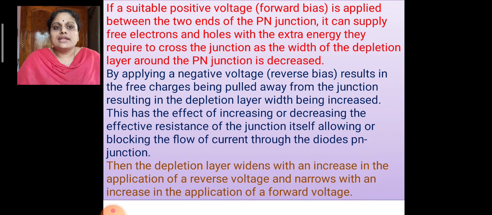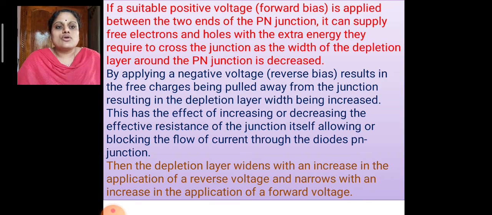By applying a negative voltage, that is, in the case of reverse bias, the free charges are pulled away from the junction, resulting in the depletion layer width being increased.